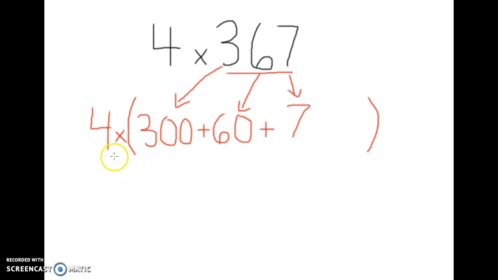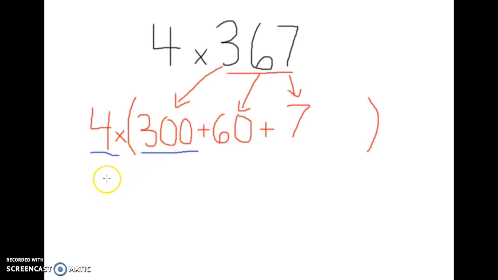Okay, so let's start by multiplying 4 by 300. And I'm going to change my color here to blue. Now you might say to yourself, I don't know what 4 times 300 is. 300 is still a really big number. Well, you're right. But let's forget about our zeros for a second and just look at 4 times 3.